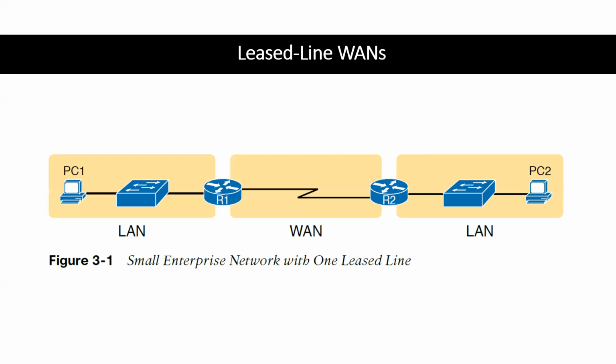Ryan, we're just looking at a WAN network, aren't we? Yep. A small enterprise network with one lease line, right? So it's going over, we're going to say, an internet connection. That's it. Connecting two sites, connecting two LANs through a WAN. LAN meaning local area network, WAN meaning wide area network.